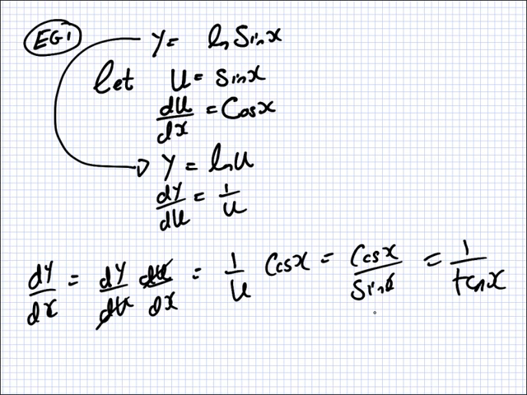You got that, Ben? Have you seen this before? No. But you saw the product rule before, and the quotient rule, but not this rule. Okay. How about you? Have you seen this before? I forgot.